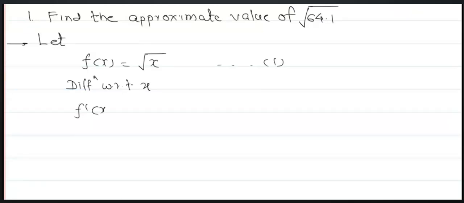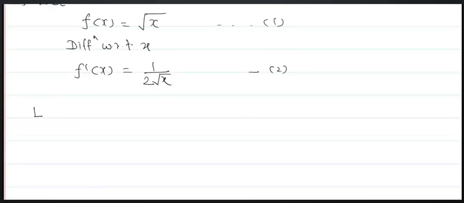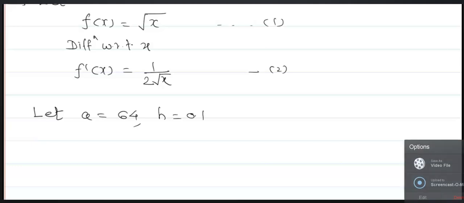Differentiate with respect to x. F dash of x is equal to 1 upon 2 root x. And now here we have a is equal to 64, and we define h is equal to 0.1.